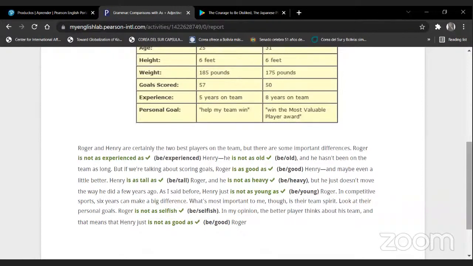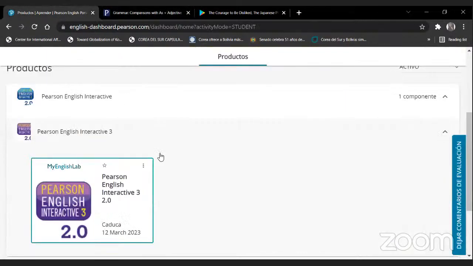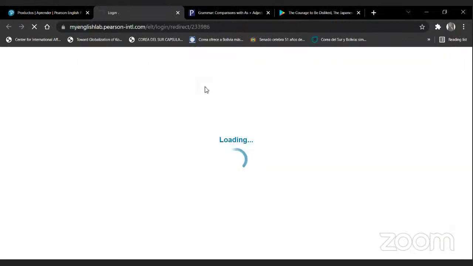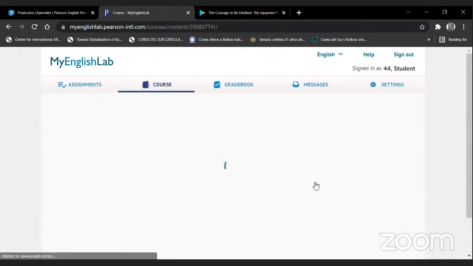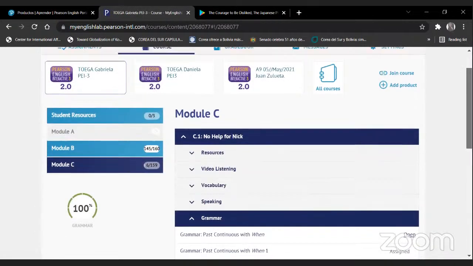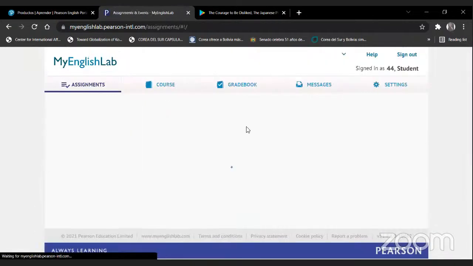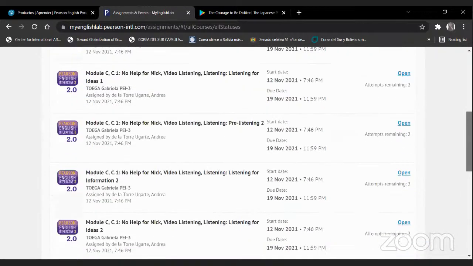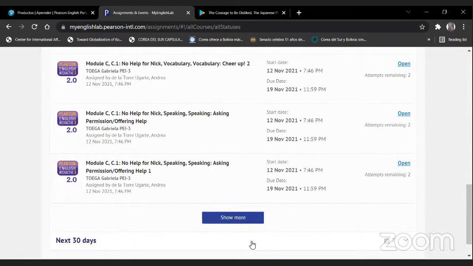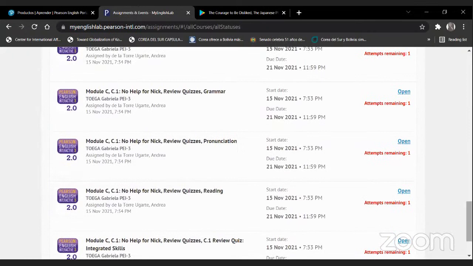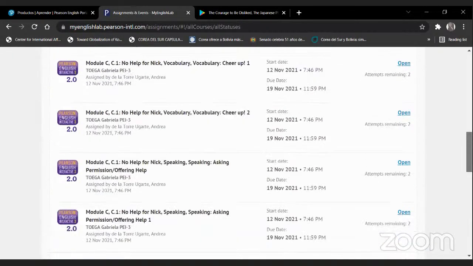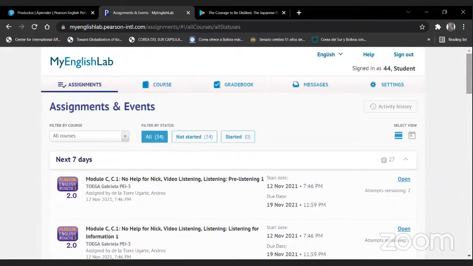Could you see it in the assignment? Yes, it is. Perfect, Gabby. So now let me see if I can unlock the second one, the second unit.